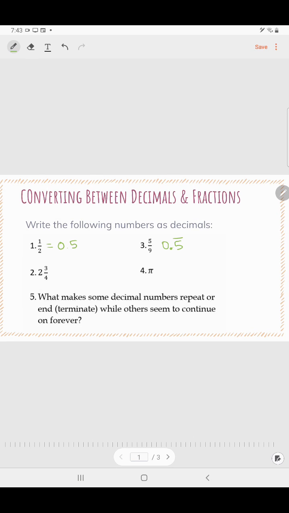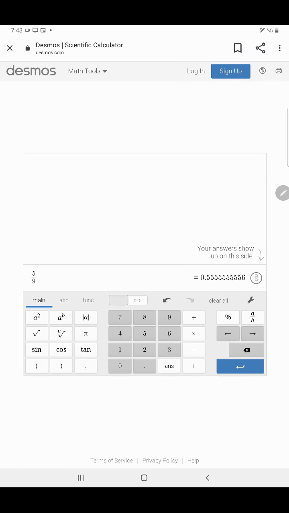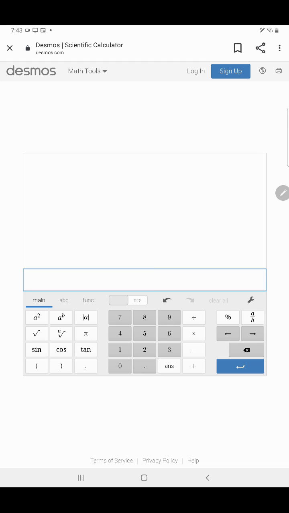2 3/4. If I go to my scientific calculator, I'm going to clear. I'm not going to do the 2, but I'm going to do 3 divided by 4, or 3/4. And that equals 0.75.